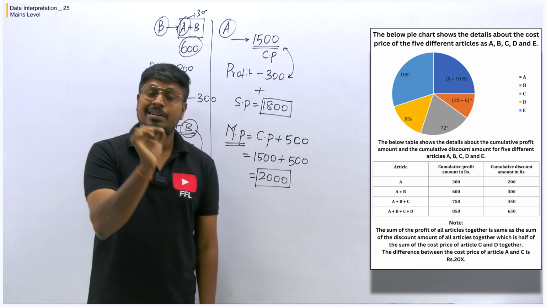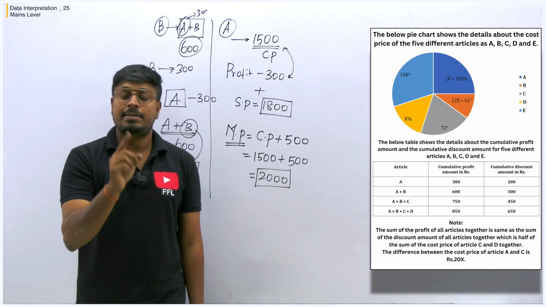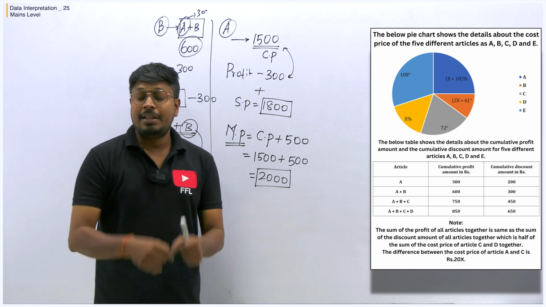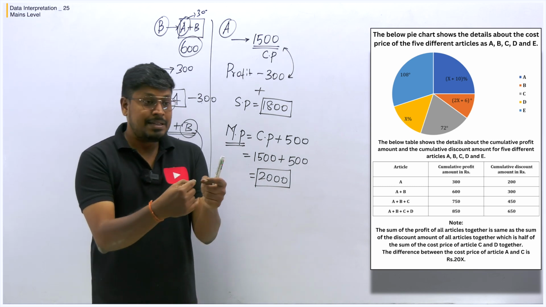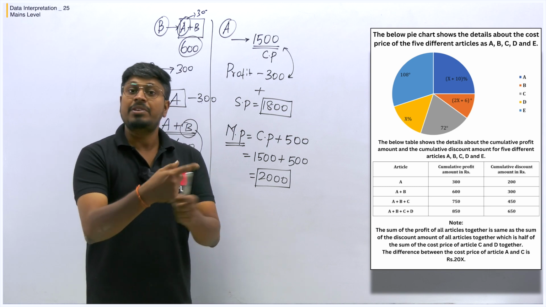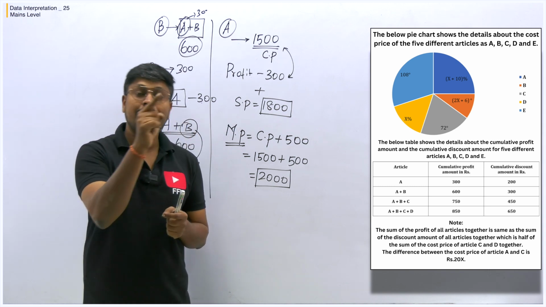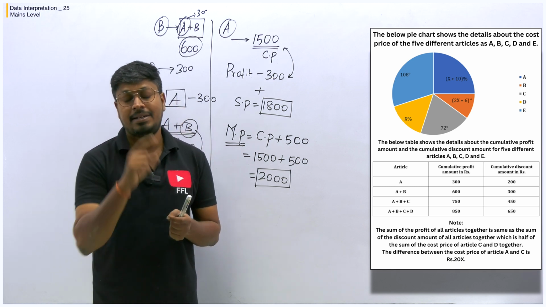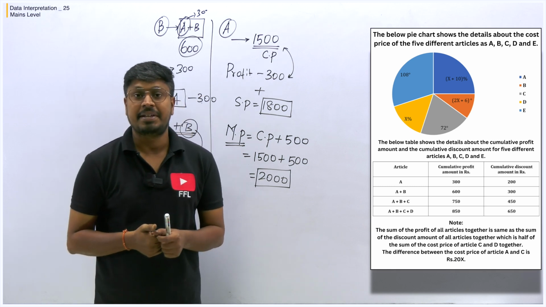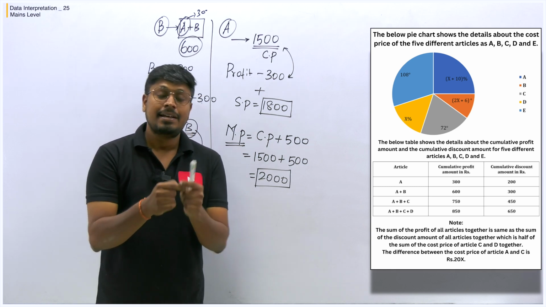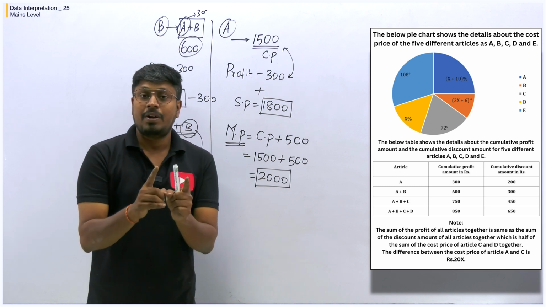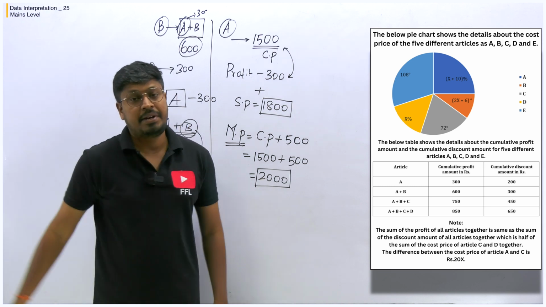Nook and corner concepts are important, because in the previous DI you can see discount percentage has been given. So many students don't know the discount percent formula: marked price minus selling price, divided by marked price, into 100, that will be the discount percentage. These are the things you need to know before solving tough level data interpretation questions.